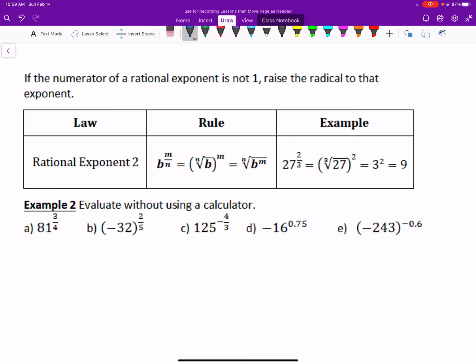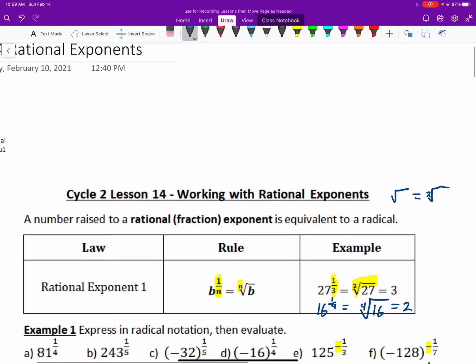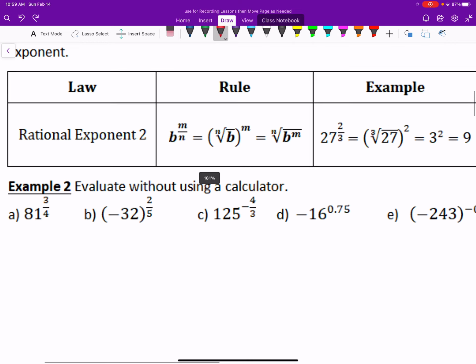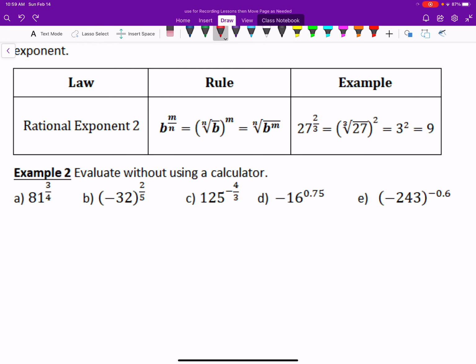If the numerator of a rational exponent is not 1, we raise that radical to that exponent. So in these first examples, you notice that the fraction always had a 1 on the top. All these examples had 1 on the top. So what do we do if it's not a 1 on the top is all we're being asked to think about. Well, we still take the root based on the denominator, but we raise our answer to the numerator.